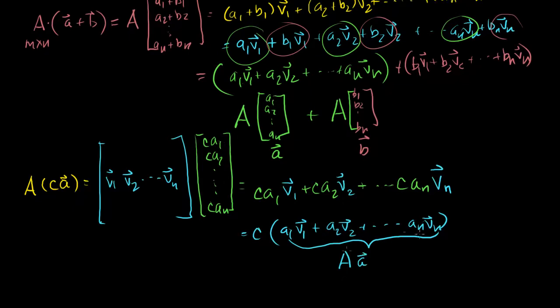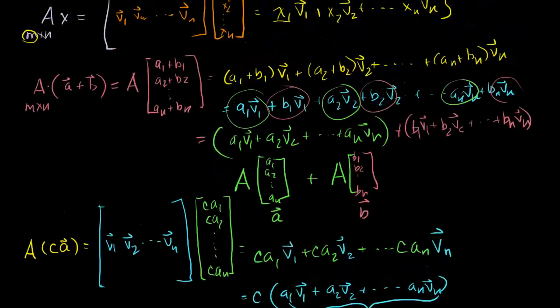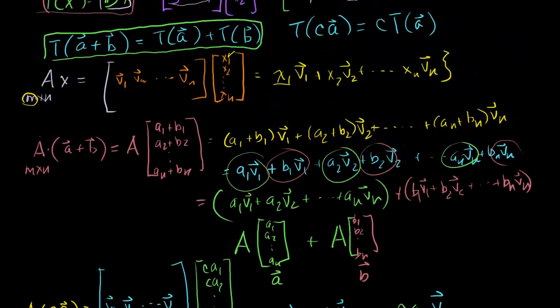Maybe I'm overloading the letter A. So I just showed you that if I take my matrix and multiply it times some vector that was multiplied by a scalar first, that's equivalent to first multiplying the matrix times the vector and then multiplying by the scalar. So we've shown you that matrix-vector products satisfy this condition of linear transformations and this condition.